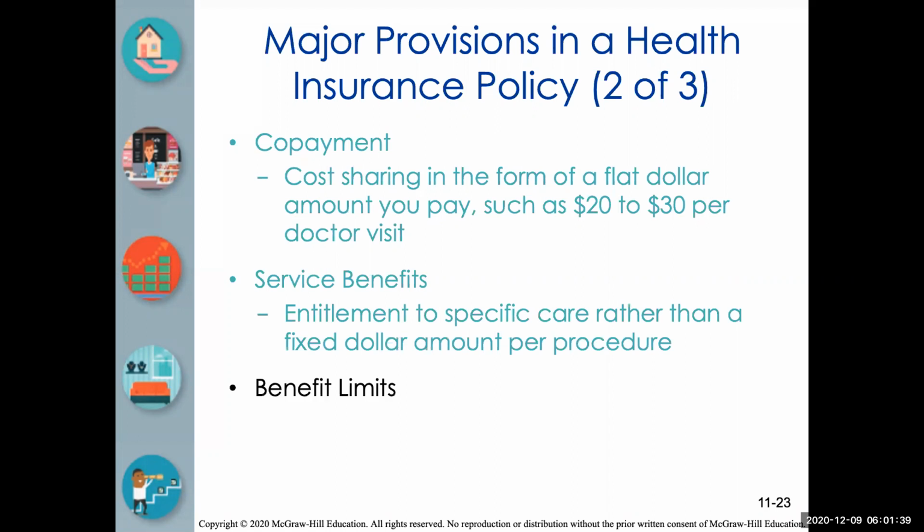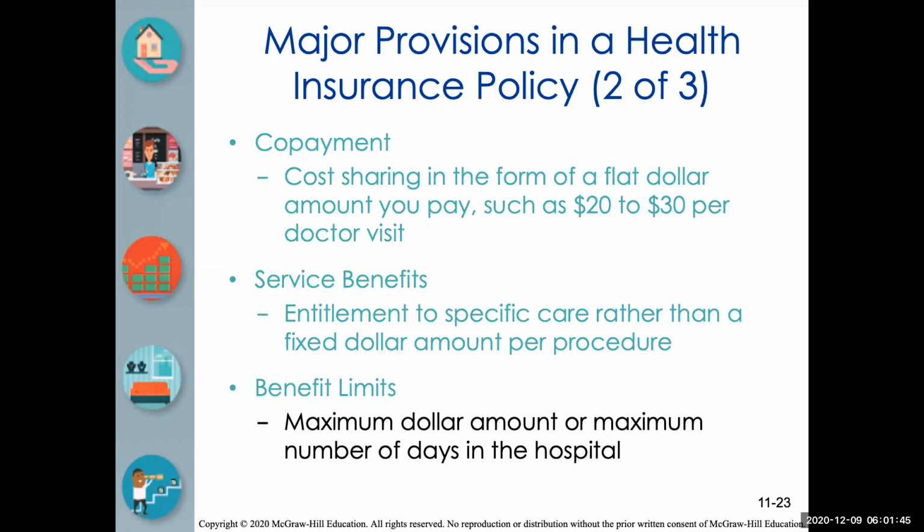And then lastly, we have benefit limits, meaning the maximum dollar amount that can get paid per hospital stay, or the maximum number of days that the insurance company will pay for hospital stays. So there's a limit to the benefit that the policy will provide.